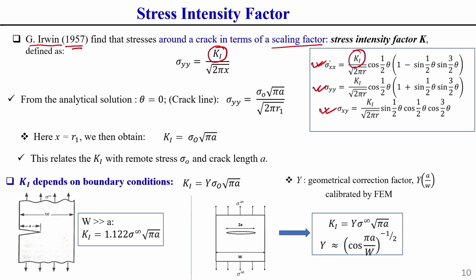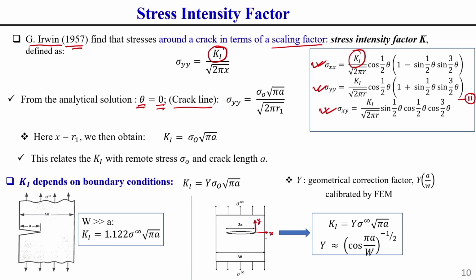Here, once theta is equal to 0 in this opening mode, what will be the sigma yy value? If theta is equal to 0, that is along the crack line. Here you can see this is our x, and this is our y.